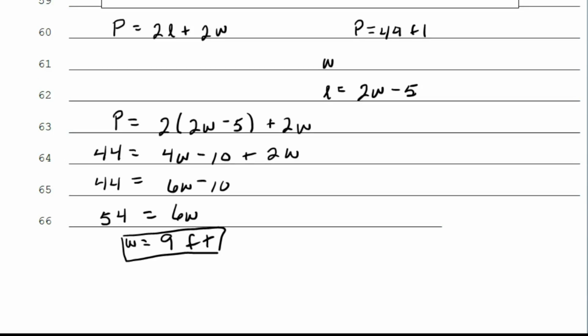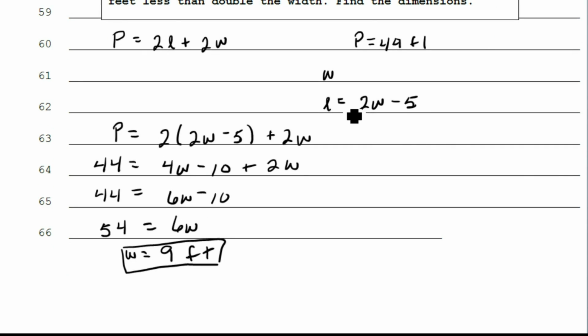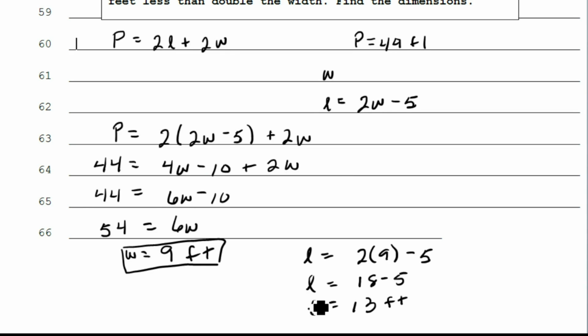And go back to original equations. And the length will be twice the width, twice 9 feet minus 5. So L is 18 minus 5, and L will be 13 feet.